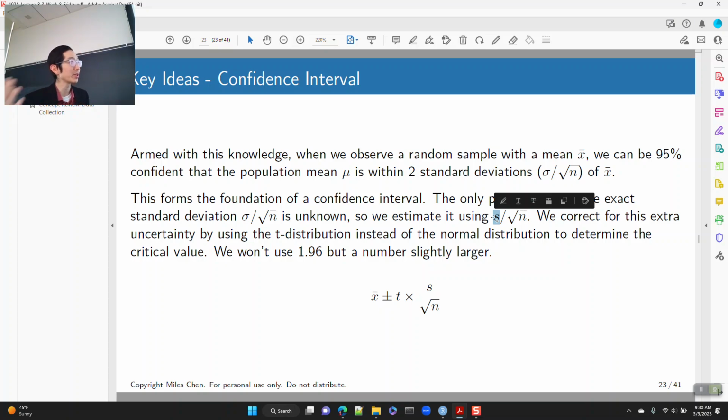And again, without getting into the math, using this flattened out normal distribution, the t-distribution, compensates for the extra uncertainty of using S, your sample standard deviation, as an estimate for sigma, your population standard deviation. Changing 1.96 to something a little bit bigger compensates for that.